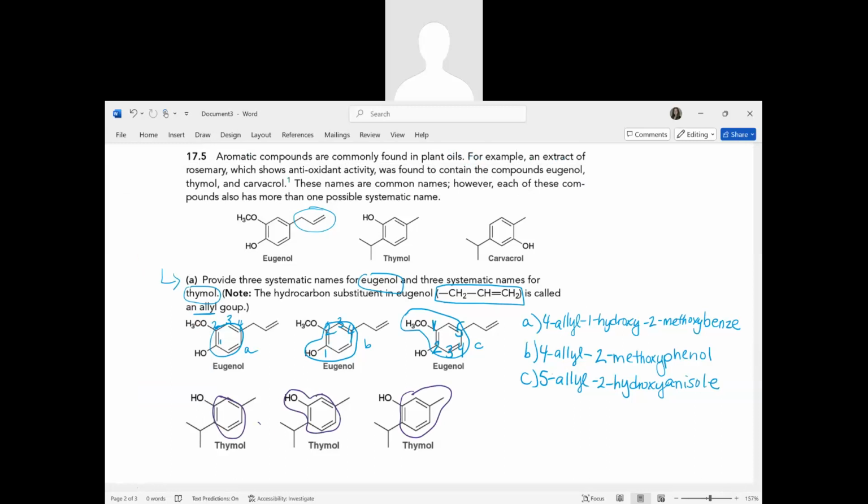So again, we'll call these A, B, and C. And our benzene-derived parent for structure A, we could have at carbon 2, 1, and this would be carbon 4 here. So we could name this as a 2-hydroxy-1-isopropyl-4-methylbenzene.